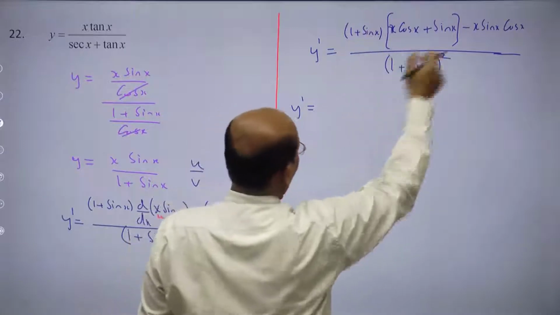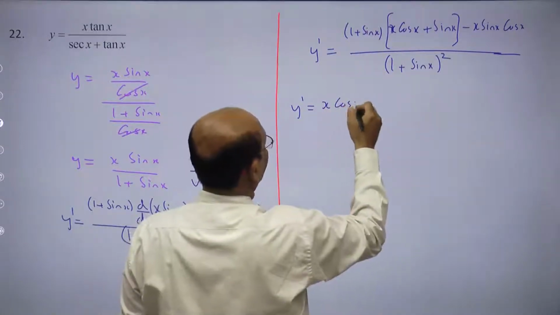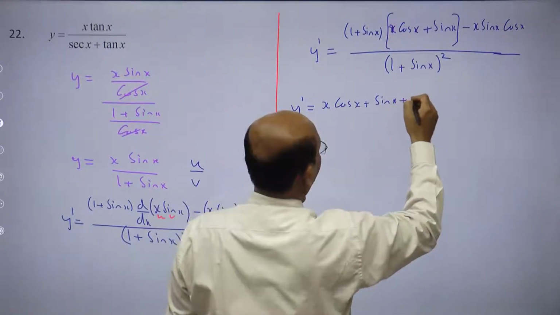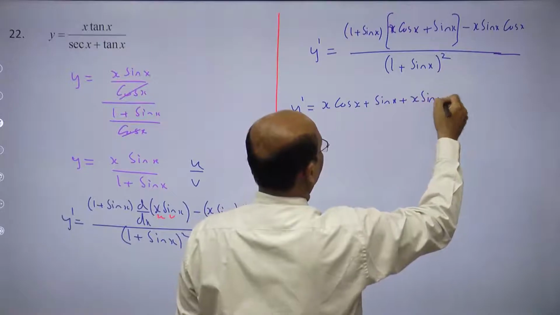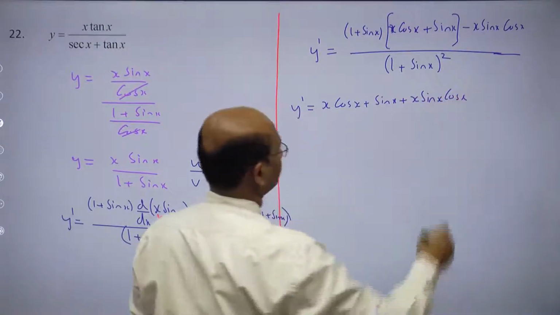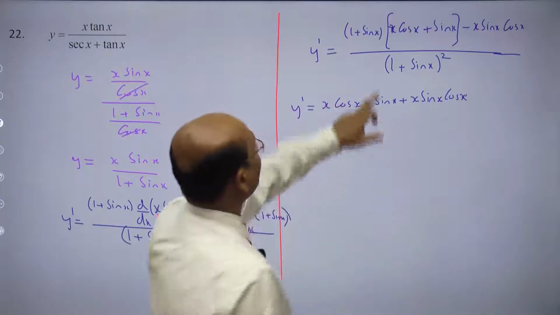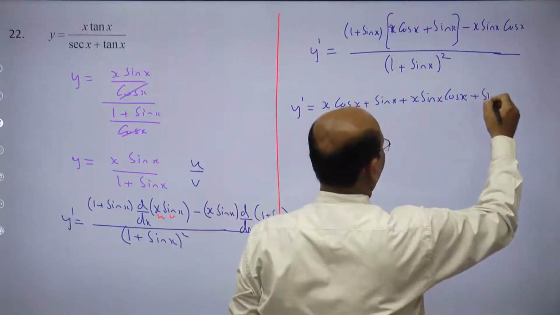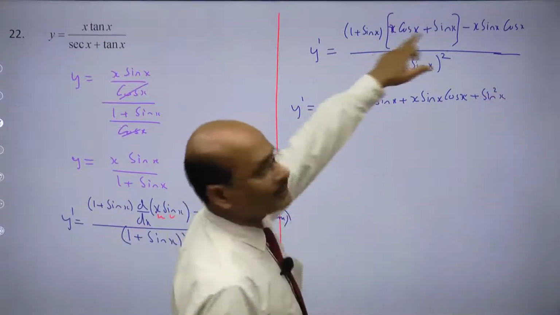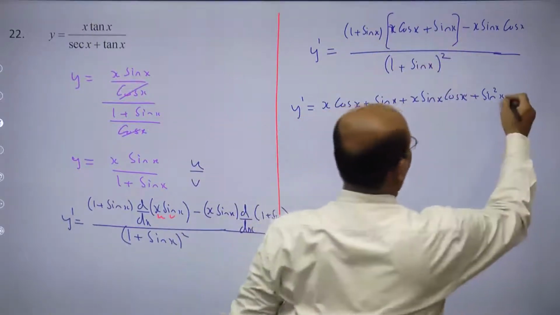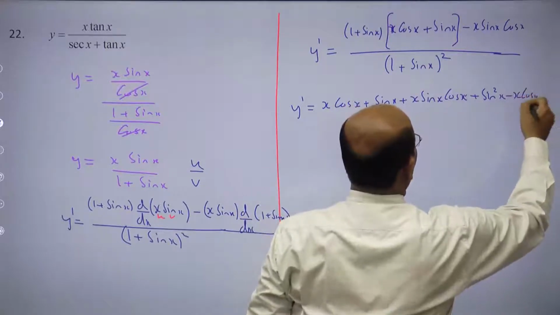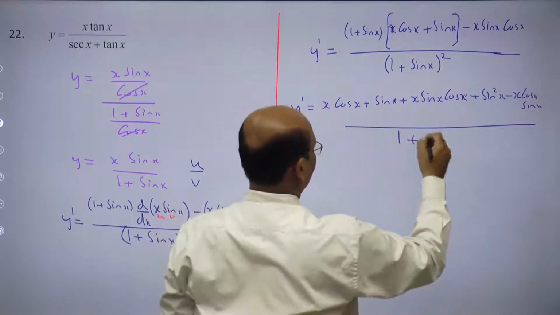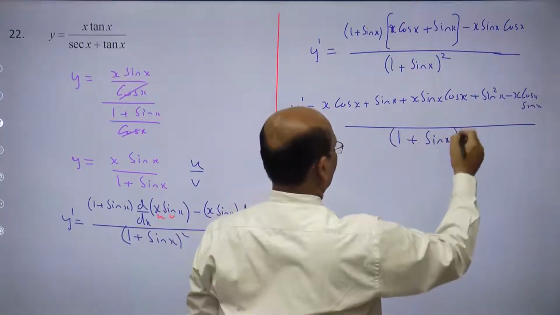So, 1 into this term will become x cos x plus sin x, and sin x into this plus x sin x cos x, x sin x cos x plus sin square x, because sin x into sin x equals sin square x, minus x cos x sin x upon 1 plus sin x whole square.